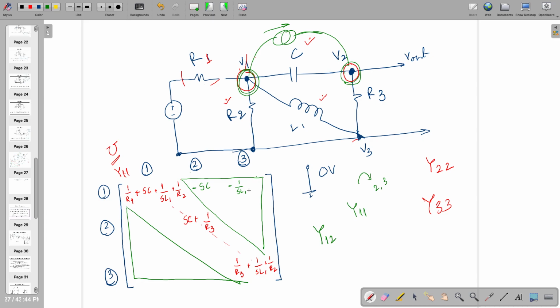Minus 1 by SL1 minus 1 by R2, right? Similarly, can we write down Y21? Minus? Yeah, maybe. Right? So you can make all these observations, no problem.